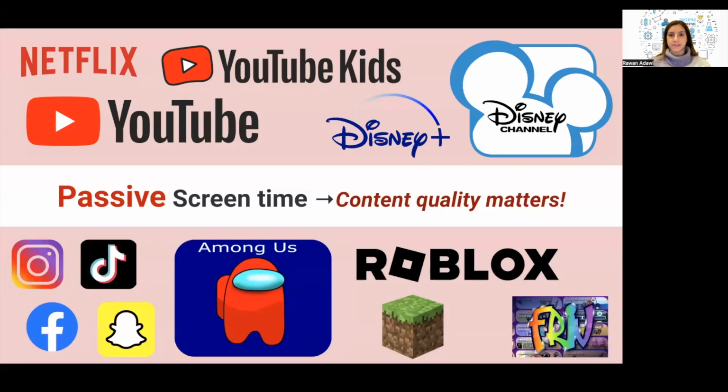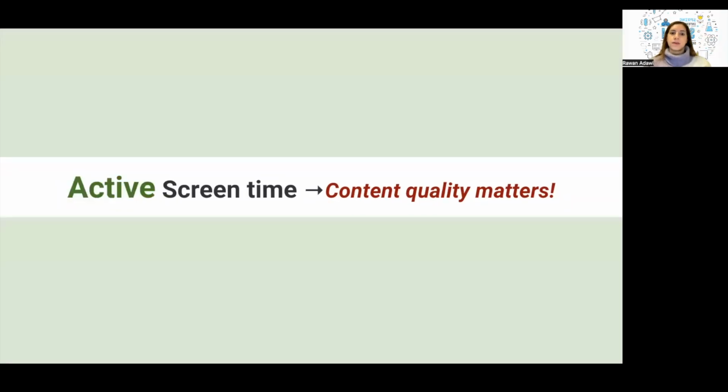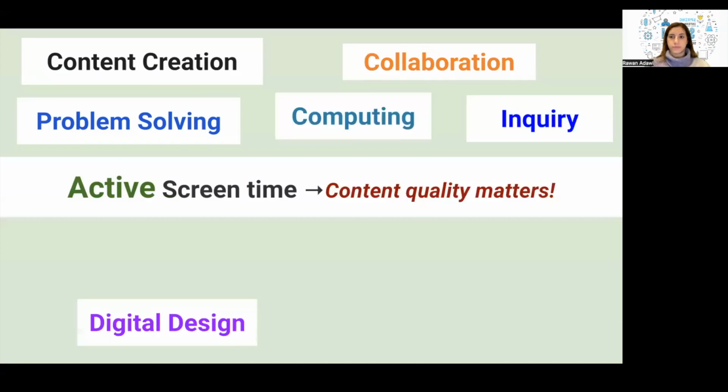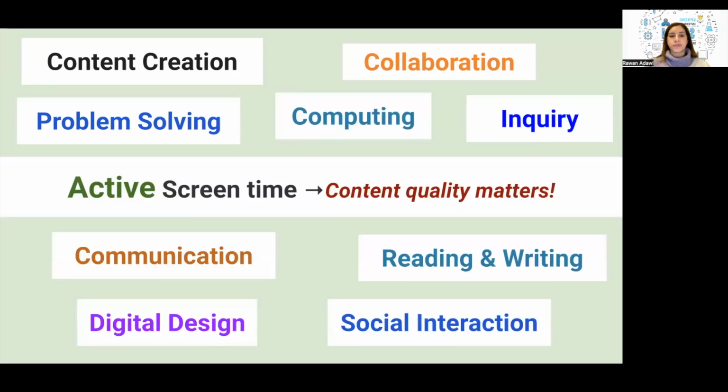This is passive because it's not helping them create something, not helping them with their problem-solving skills. Active screen time is when you are doing activities that require problem solving, collaboration, inquiry, computing, and so many other things around.